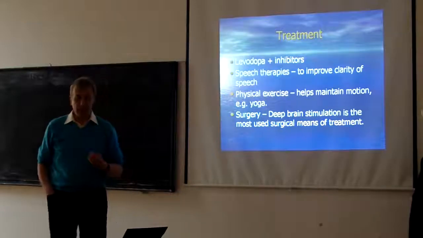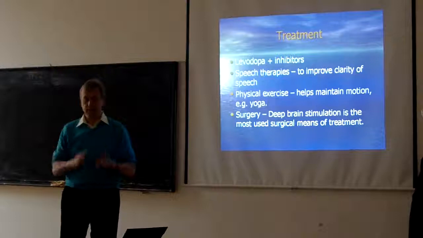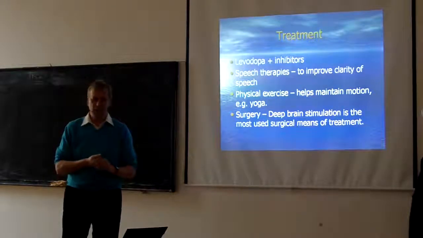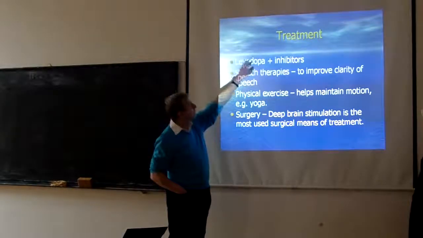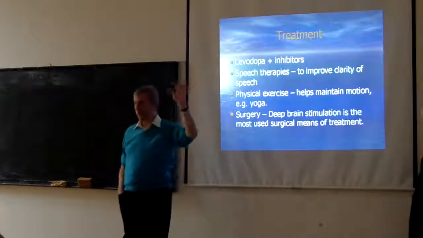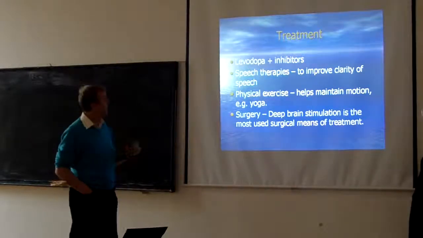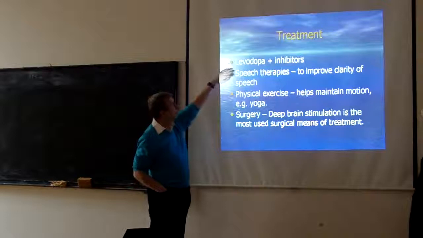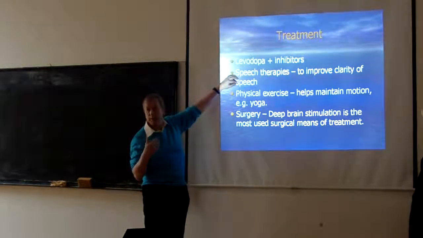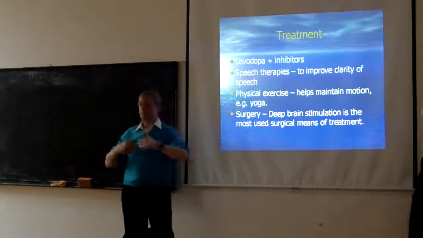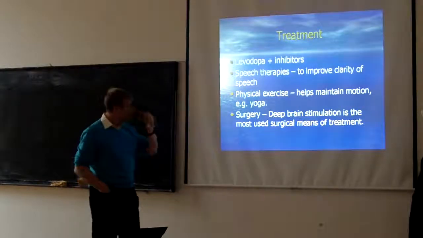Treatment for it. Well, when you've got it, you've got it. So it's not like something that is directly cured in that way. Dopamine, levodopa, plus perhaps other chemicals. So that's the standard traditional chemical treatment. A person, as well as that, if they have speech problems, may well go to a speech therapist to help them pronounce words more so they're better understood.